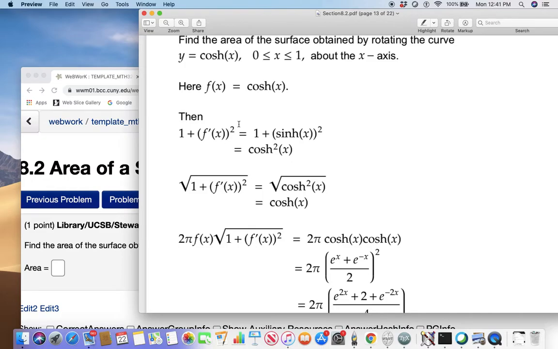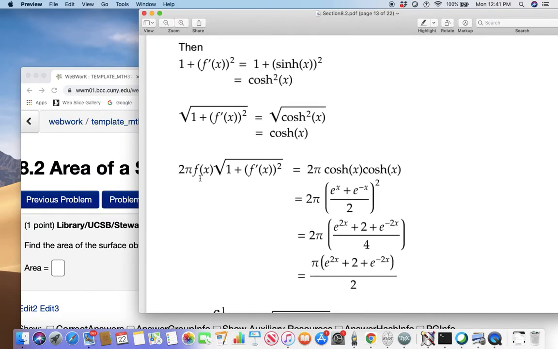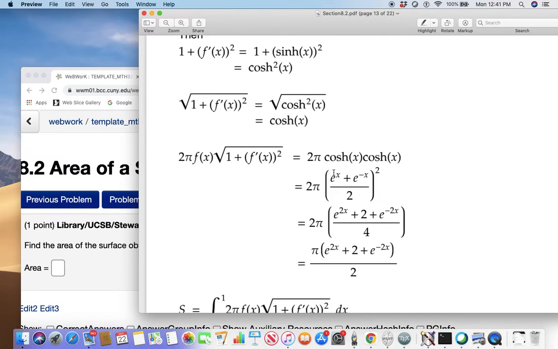So 1 plus f prime x squared is 1 plus sine hyperbolic squared. That is by identity cosine hyperbolic squared. So square root of this quantity is back to cosine hyperbolic. So 2 pi f(x) square root 1 plus f prime x squared is 2 pi cosine hyperbolic times cosine hyperbolic.